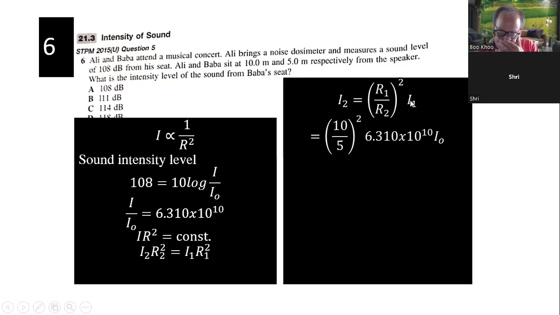I1, you just take this one across, the I0 across there, so this becomes I1. Okay, I0, then use your calculator, get the answer.